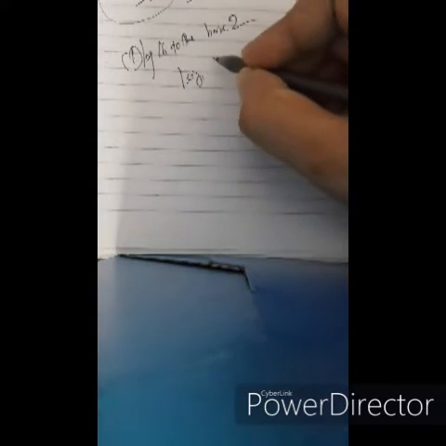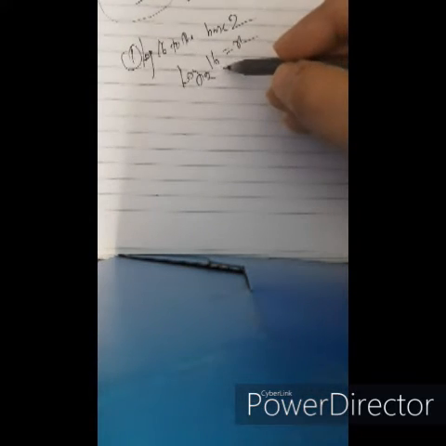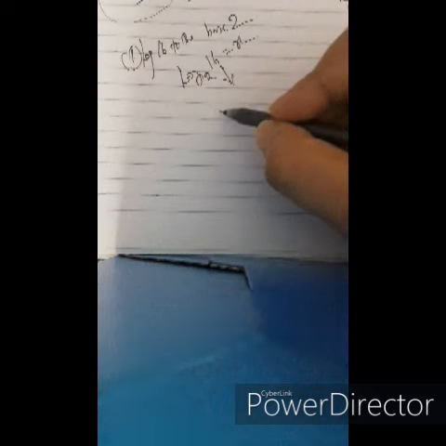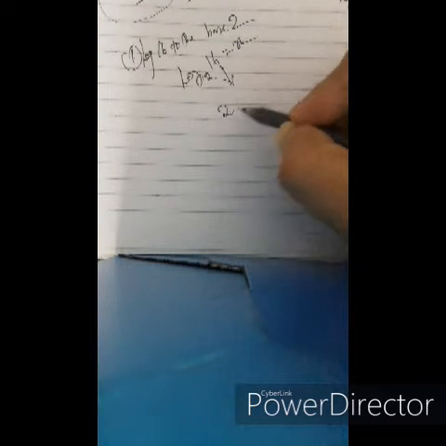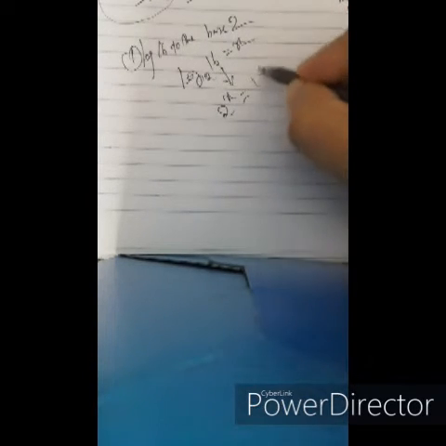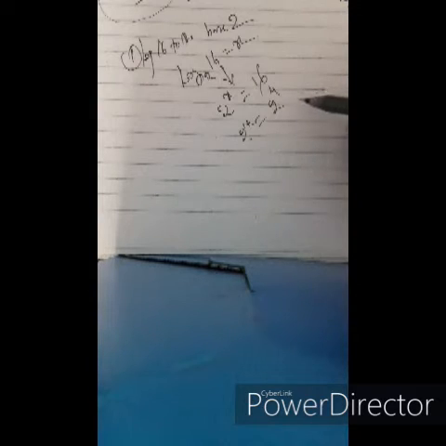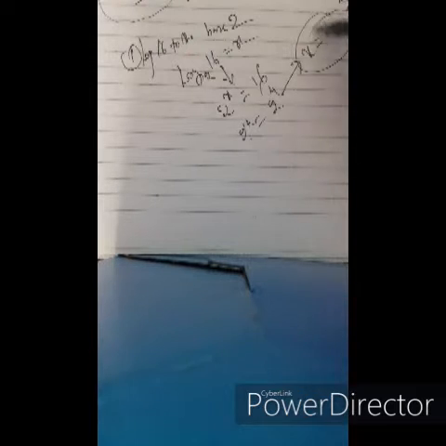We'll write log of 16 to the base 2 equals x. Now writing it in the equation format, 2 to the power x equals 16. So 2 to the power x becomes equal to 2 to the power 4, because 2 into 2 into 2 into 2 equals 16. From this we derive x equals 4. This is the answer. I hope you are able to understand this problem.